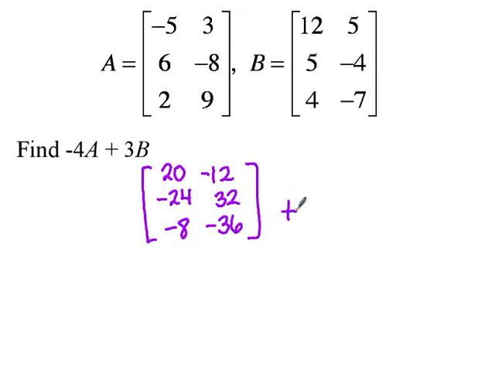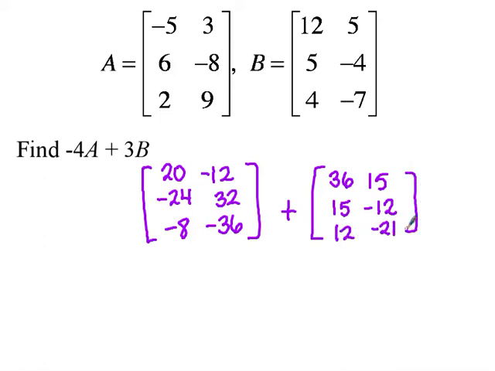And I'm going to add that to 3B. So I'm going to take 3 times B right now. And what do I get for 3 times B? 45, 25, negative 12, and negative 21. Okay, so yeah, there you go. And so now, what I'm going to do is add those together.